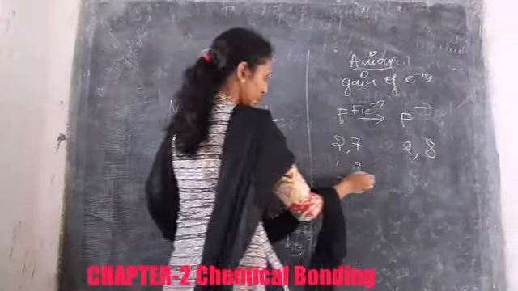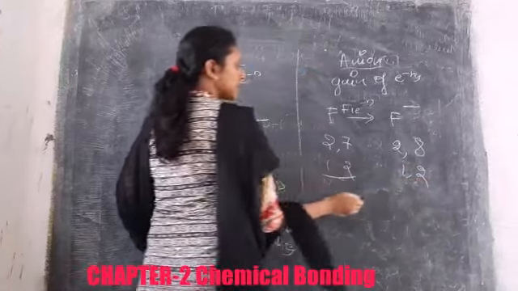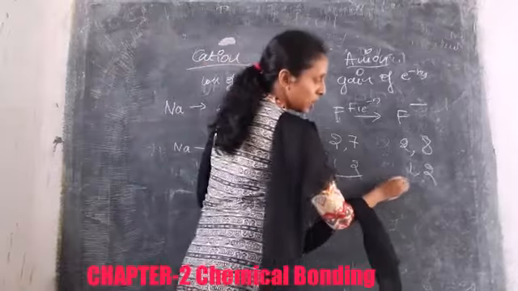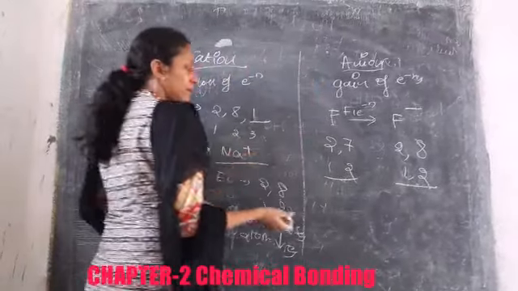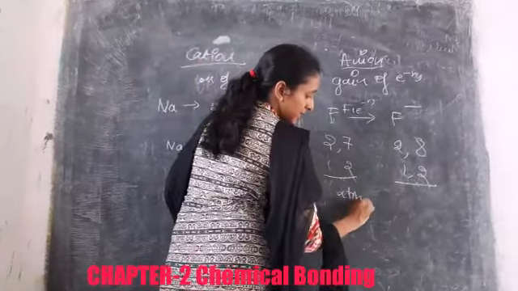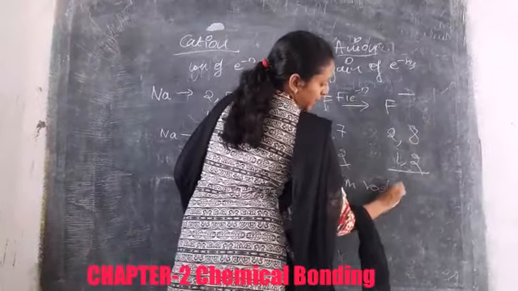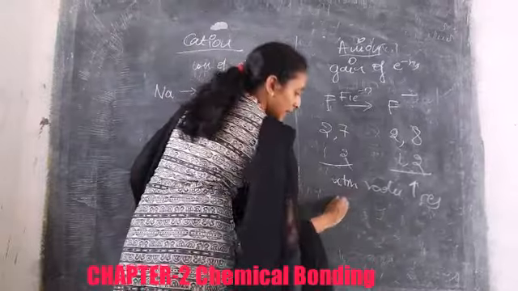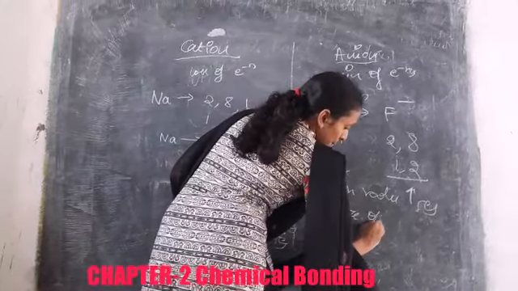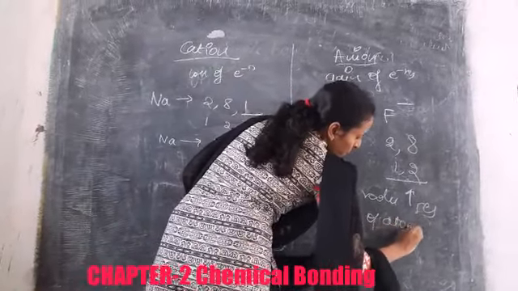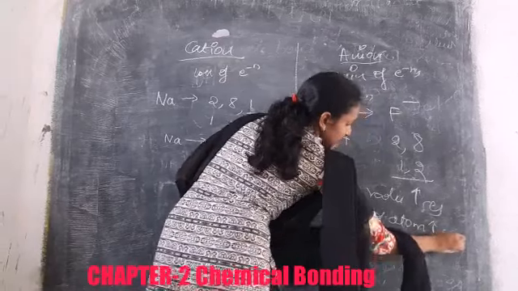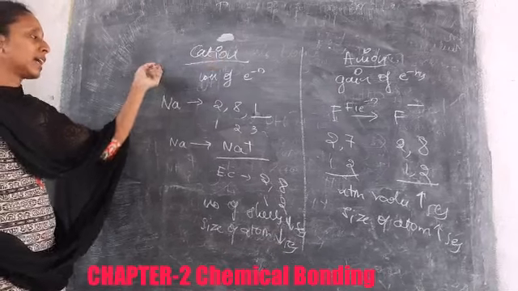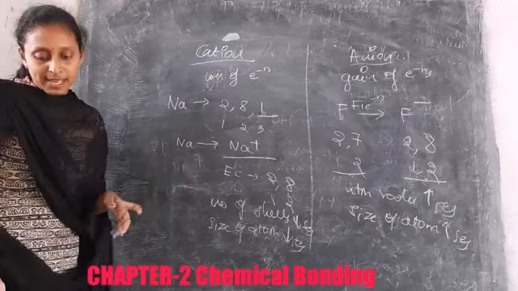Here also 2 shells, so the radius increases. Even though the number of shells is the same, the atomic radius increases, which means that the size of the atom also increases. So a cation decreases in size, and an anion increases in size.